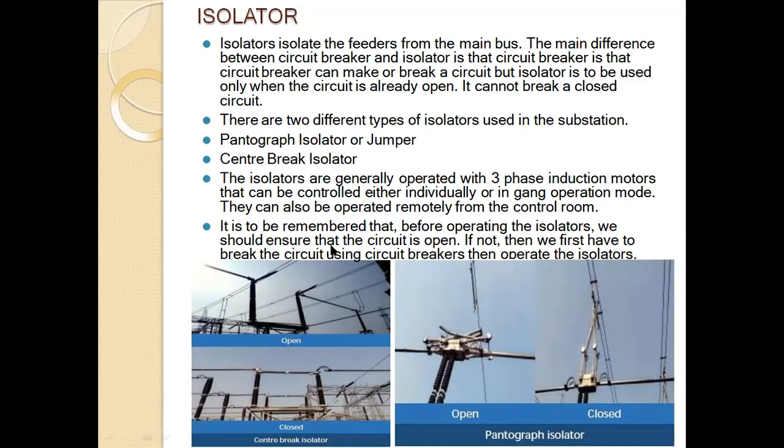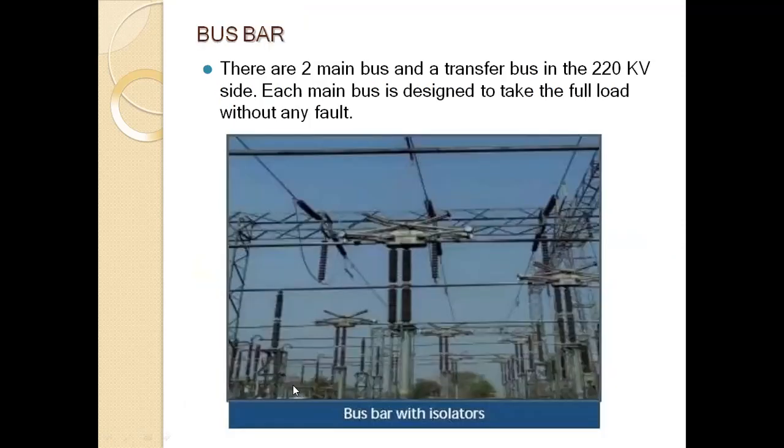It is to be remembered that before operating the isolators, we should ensure that the circuit is open. If not, then we first have to break the circuit using the circuit breaker, then operate the isolators. This is the center break isolator.